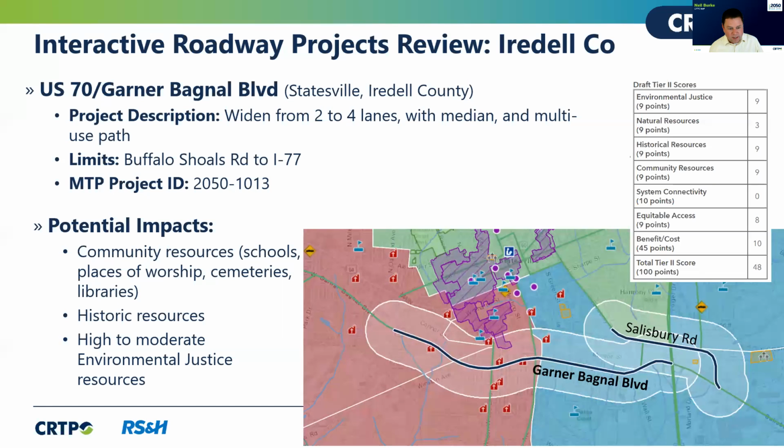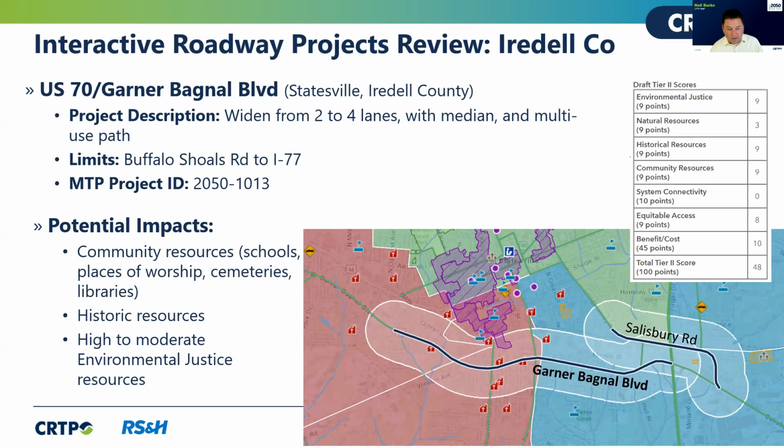And just to orient you to what you're seeing on the screen, the map is showing the project and a project buffer. You can see Garner-Bagnell there. The project begins at I-77 and goes westward towards Buffalo Shoals Road. There is another adjacent roadway project here that made it into the project list. That is Salisbury Road, also submitted by the city of Statesville. But our focus this afternoon in terms of reviewing the tier 2 scores is going to be on the Garner-Bagnell Boulevard project.